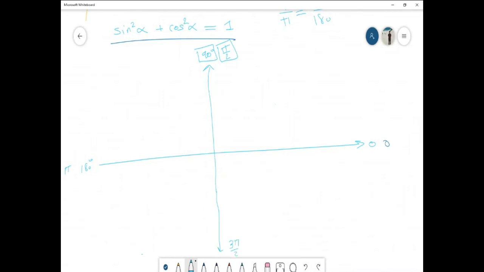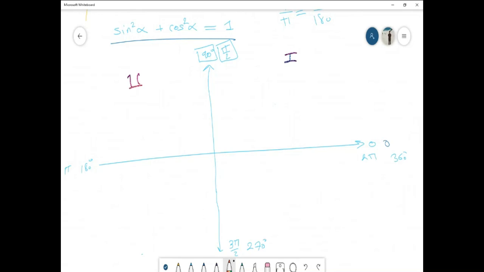And here, in terms of radians, it will be 3 pi over 2, and in terms of degrees, 270 degrees. And again, if I come from here to here, it will be 2 pi or 360 degrees.